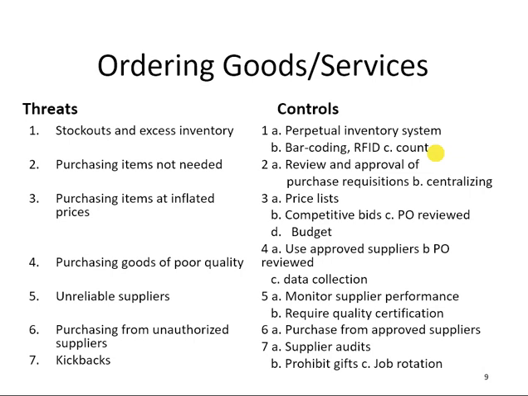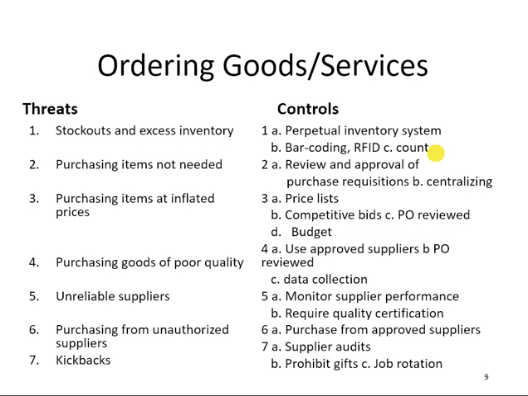The next threat is purchasing items at a high, inflated price. So how to reduce price? Controls include maintaining a price list for all the frequently used items, and having competitive bids. And all the purchase orders need to be reviewed, to make sure the previously mentioned policies have been followed.